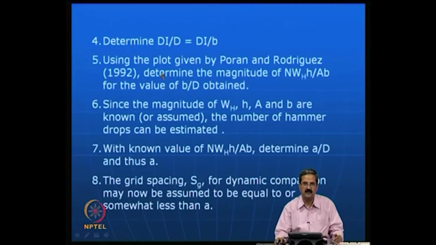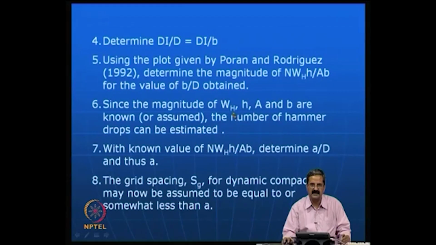Using this plot, which is given in a Canadian Geotechnical Journal paper, you need to estimate the magnitude of this particular factor. Since you have some numbers here, like weight and height, you can determine the number of drops quite comfortably, and you will also cross-check the A and B values, where A tells you the spacing and B tells you the depth.